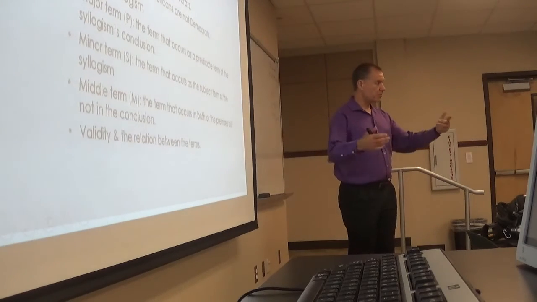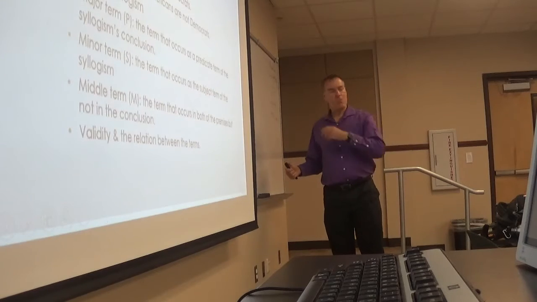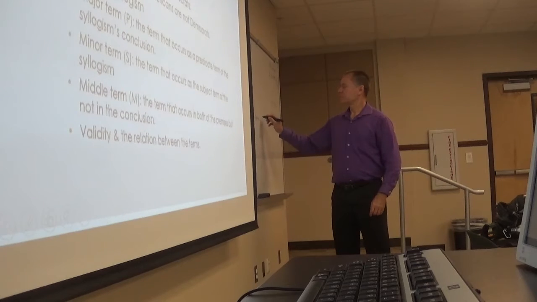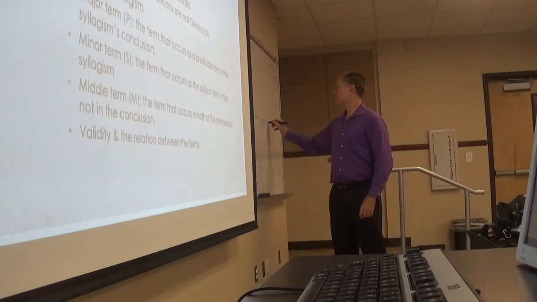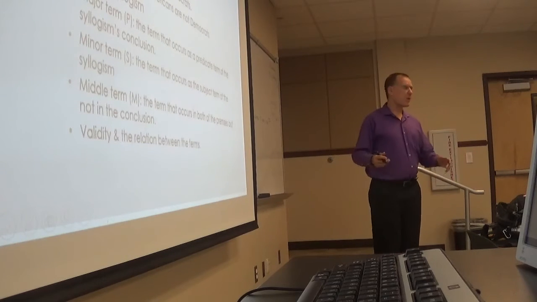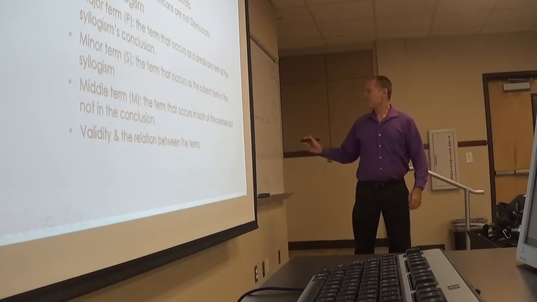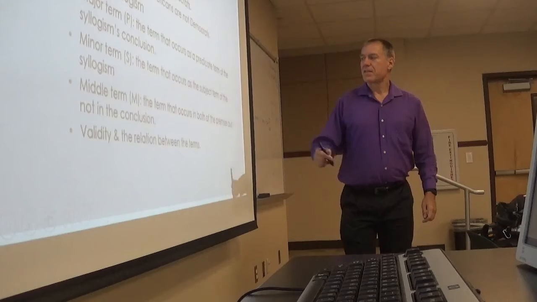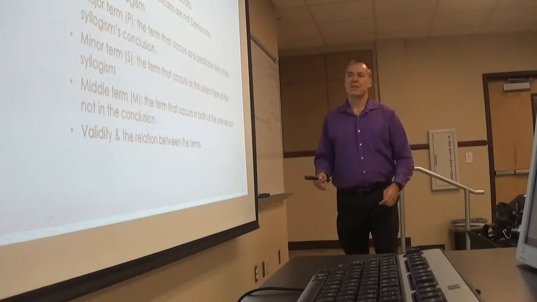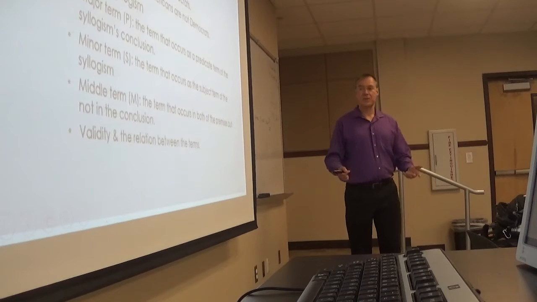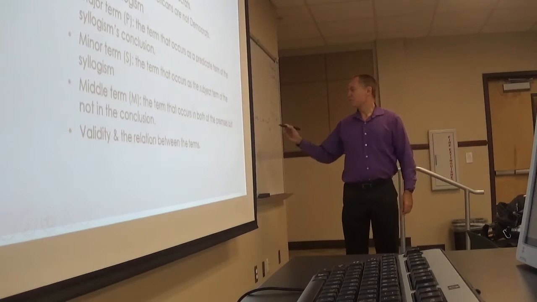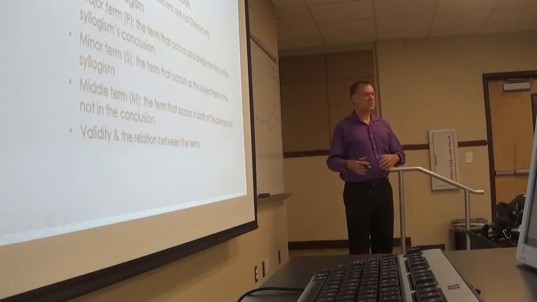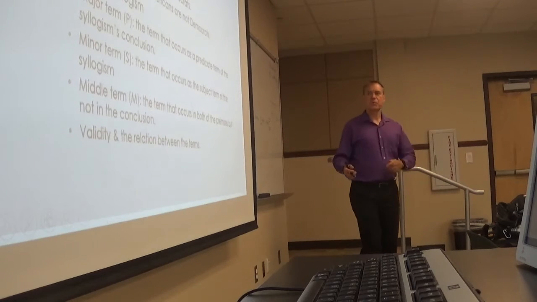If an argument is assembled properly, you look at the conclusion, and your major term will always be the predicate of your conclusion. The minor term, S, is the term that occurs as the subject of the conclusion. And M is a term that's not in the conclusion, but is in both premises.